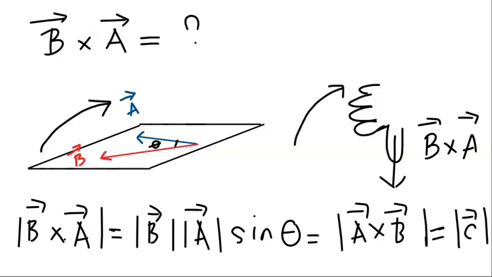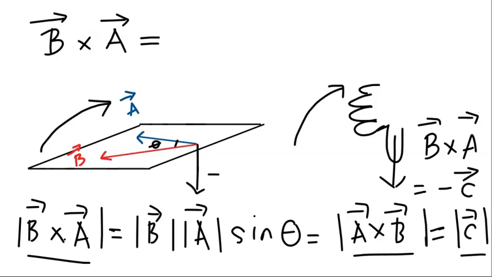Since the magnitude of b cross a is the same as the magnitude of c, and it's pointing in a direction opposite to that of a cross b, or c, then b cross a must be minus c. So we label b cross a as shown: b cross a is minus vector c.